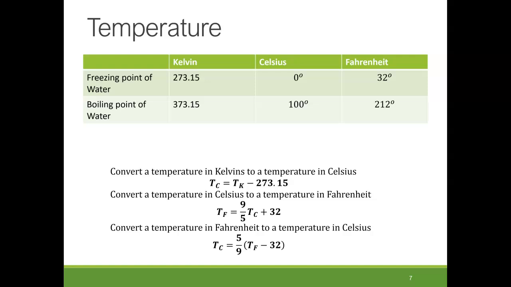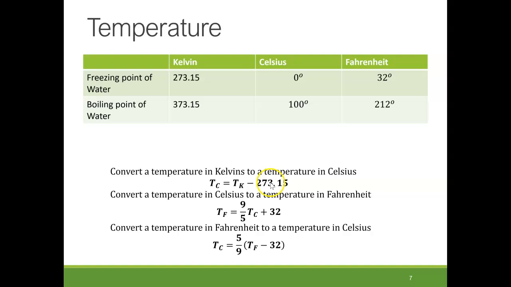So in terms of temperature conversion, again, we mentioned there's 3 ways typically we measure temperature: Kelvin, Celsius, and Fahrenheit. To convert kelvins to Celsius, you just subtract 273.15.